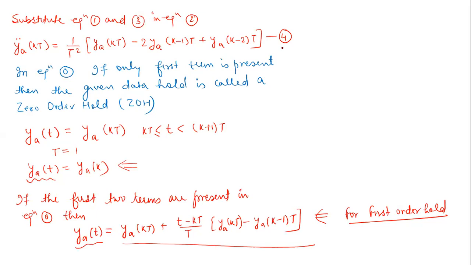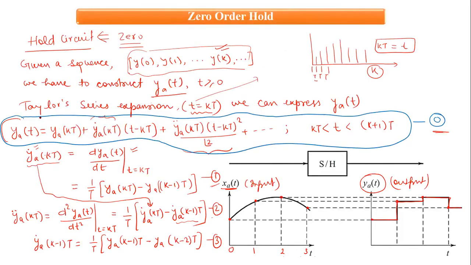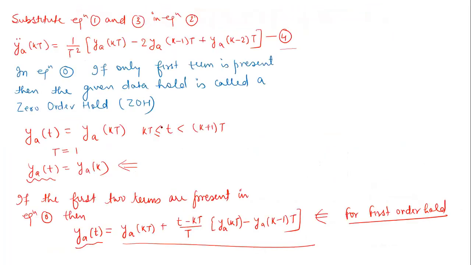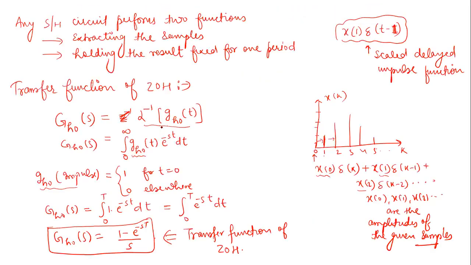On doing so, we have got equation 4. If in equation number 0 only the first term is present as the output, it is zero order hold. If the first two terms are present, it is first order hold. If the first three terms are present, it is second order hold, and so on. So this was all about today's lecture, and thank you so much.